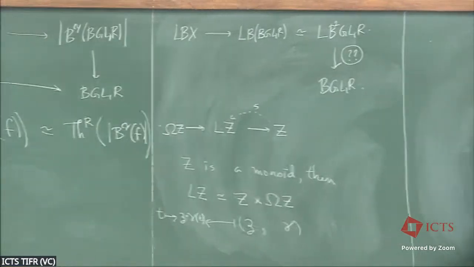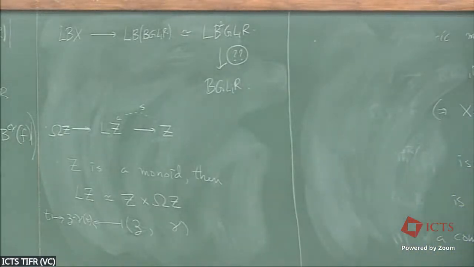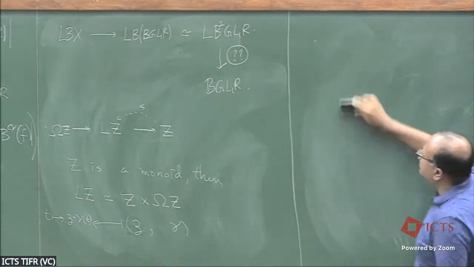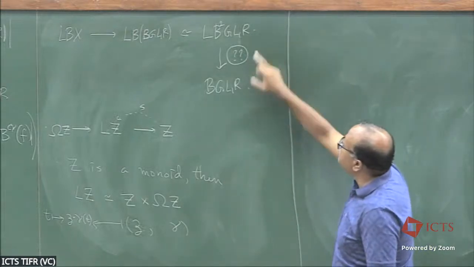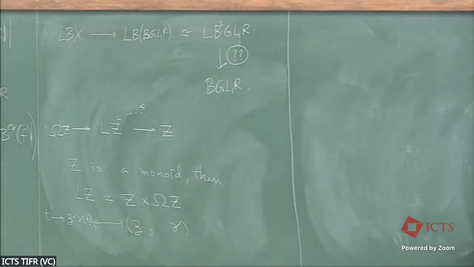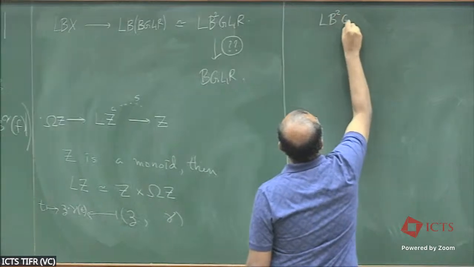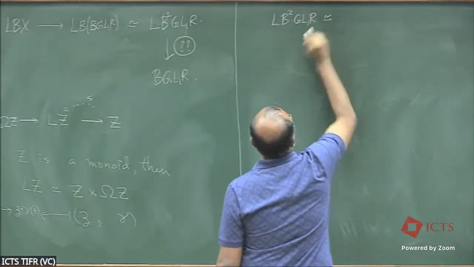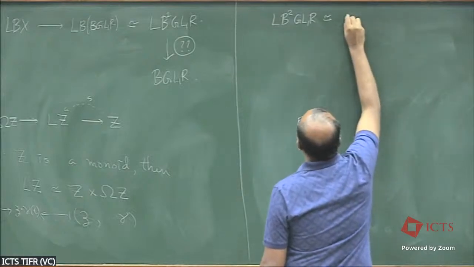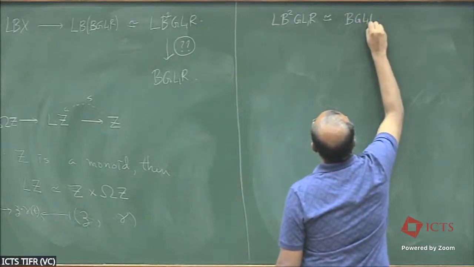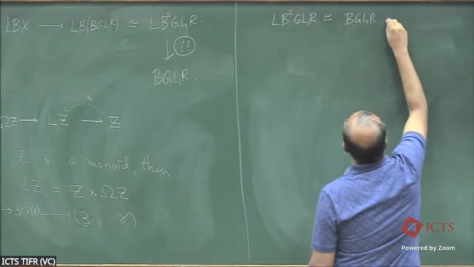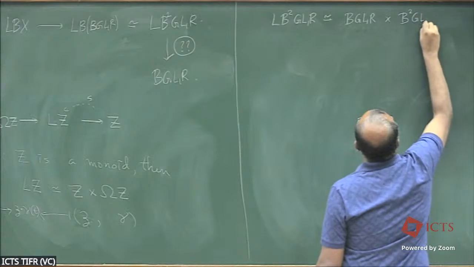Now this B square GL1R, this is an infinite loop space. So in particular, it is homotopy equivalent to a topological monoid. So we have this kind of decomposition for L B squared GL1R. So in particular, now we have L B squared GL1R is homotopy equivalent to a product BGL1R, which is the loops on this B squared GL1R, cross B squared GL1R.